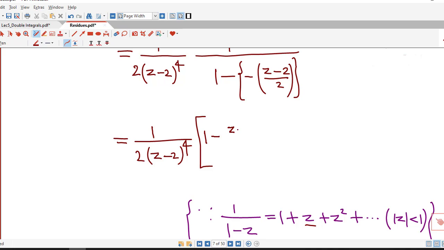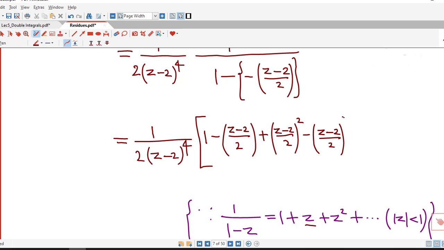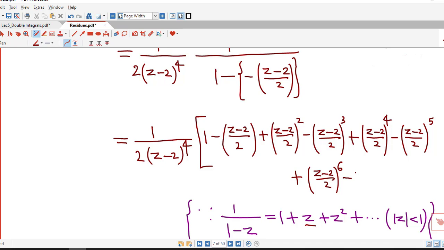So we have 1 - (z - 2)/2 + ((z - 2)/2) squared, which will be positive sign, then minus ((z - 2)/2) cubed, plus ((z - 2)/2) raised to 4, and we can write a few more terms: ((z - 2)/2) raised to 5, plus ((z - 2)/2) raised to 6, and one more term, ((z - 2)/2) raised to 7.